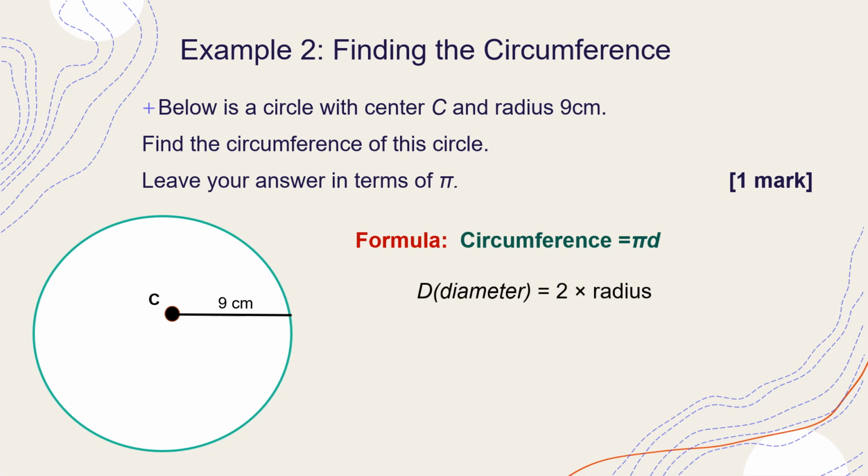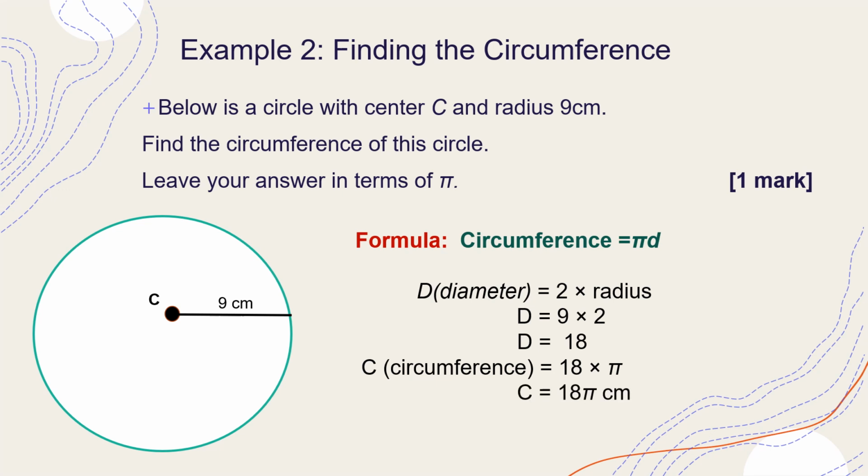We know the radius is 9 centimeters. If we double the radius, we get the diameter. So 9 times 2 is 18. Now 18 centimeters times pi is equal to 18 pi centimeters. So this is how I get my answer.